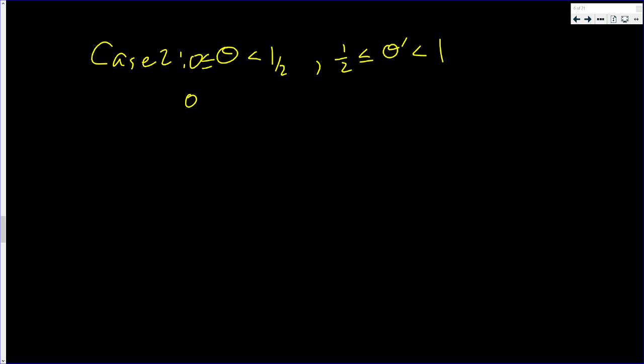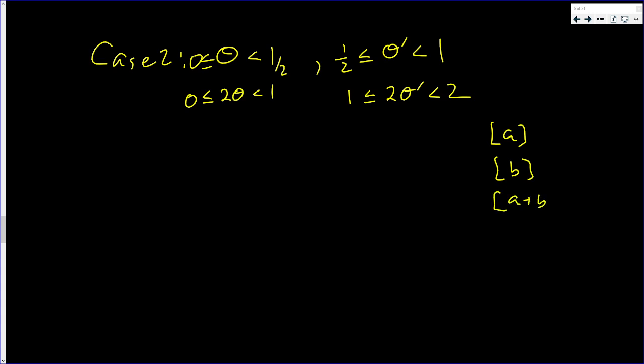This means that multiplying both sides by 2, we have this. Once again, we're going to need the greatest integer of a and b, and of their sum, and of 2a, and the greatest integer of 2b.